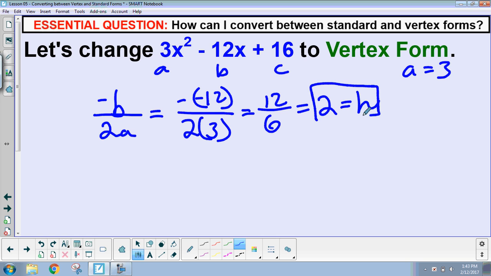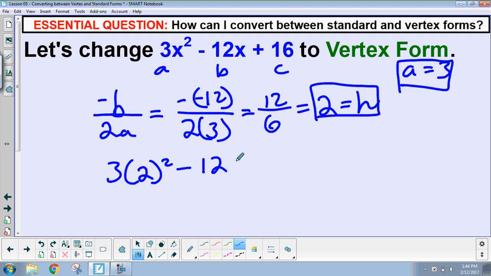One more to go. The note said to take the H and plug it back in for X so we can find K. So 2 squared minus 12 times 2 plus 16. 2 squared is 4. 4 times 3 is 12. Negative 12 times 2 is a negative 24.